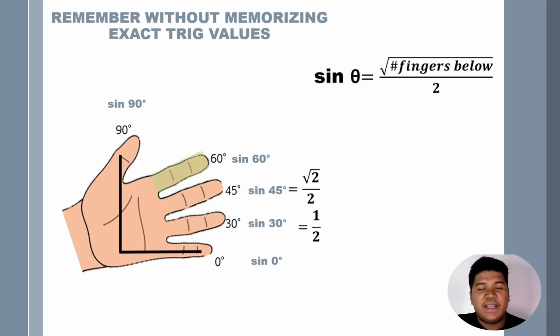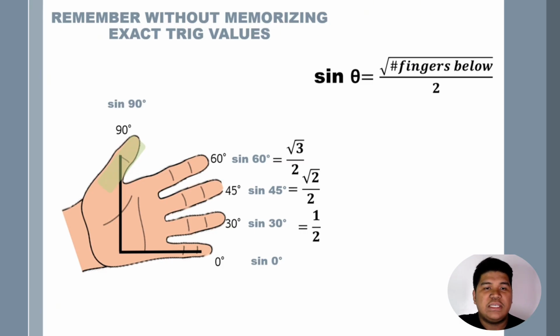If I want to find sine 60, I count the number of fingers below the highlighted finger and we have 3. So sine 60 is equal to square root of 3 over 2. For sine 90, we count the number of fingers below the highlighted finger, which is 4.